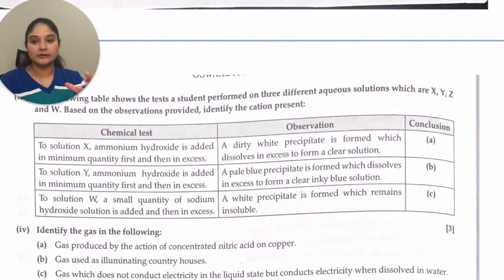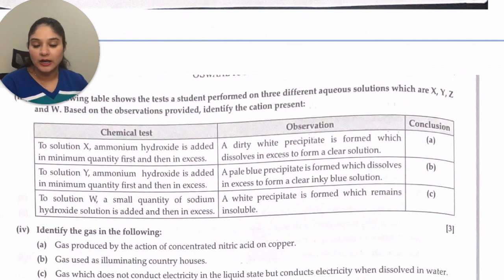If you just understand the color of the precipitates formed, what is happening in excess, whether they are soluble or insoluble, you can still answer about 80% of analytical questions. Only 20% of this chapter will ask you equations. The other 80% is based on the color, the conclusion, identifying the cation. So make sure that you do not skip this chapter just because you're scared of equations.